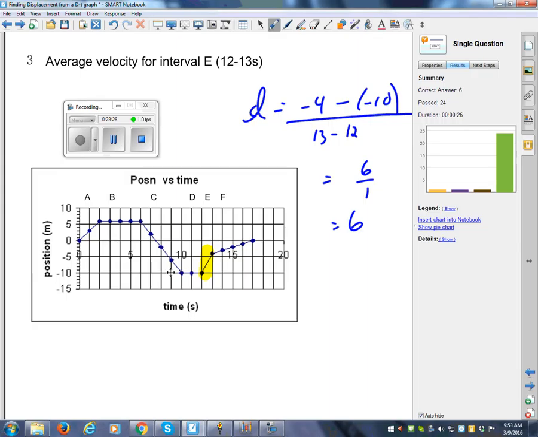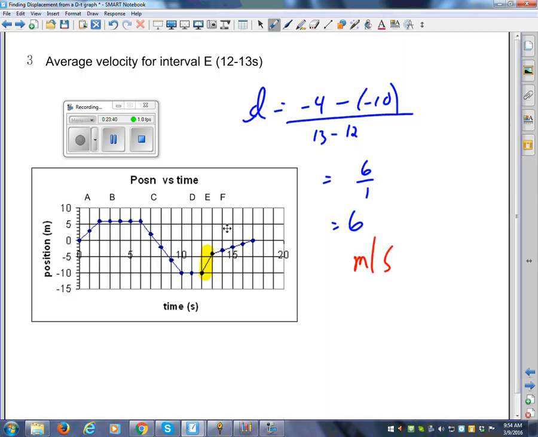My time is, this is 12, this is 13, so my time is 1. 6 over 1 is 6. 6 what, by the way? Meters per second. How do I know it's meters per second? Once again, just like in Unit 1, the slope means something here. The slope means the velocity.